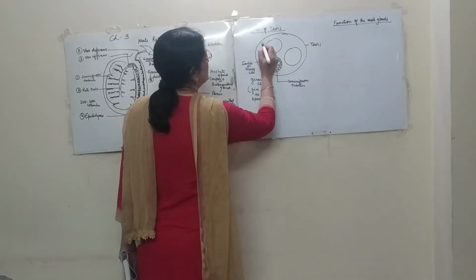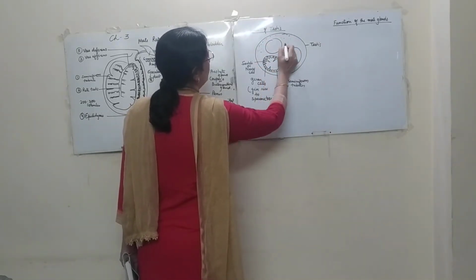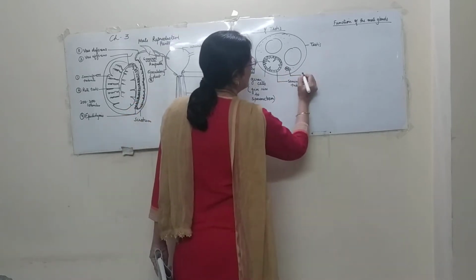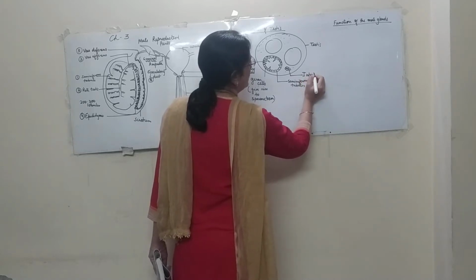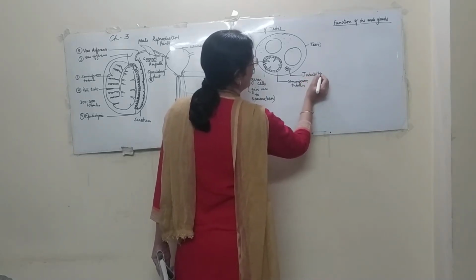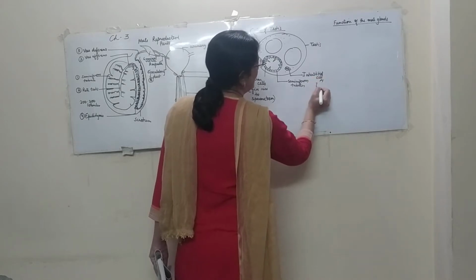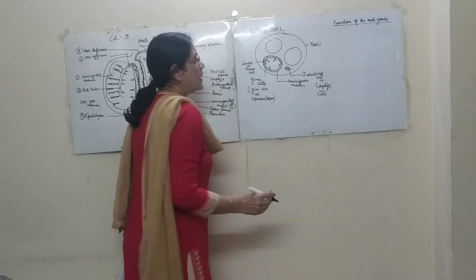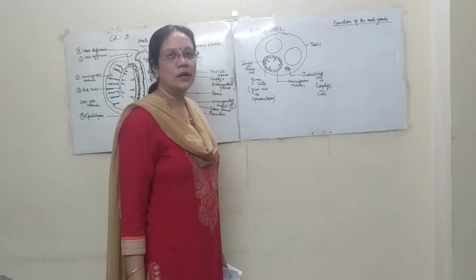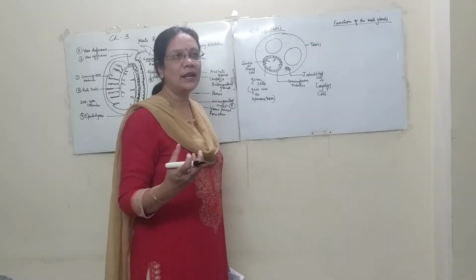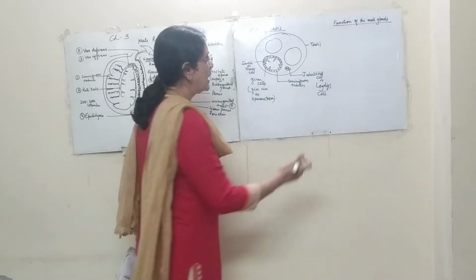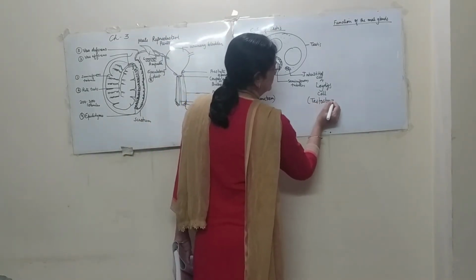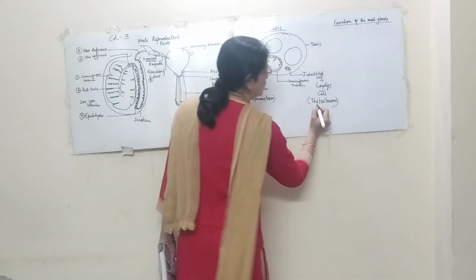Now, in between these is the tissue. This is interstitial fluid. Here you will find a group of cells known as interstitial cells or Leydig cells. They are actually acting as endocrine glands, and they secrete testosterone.